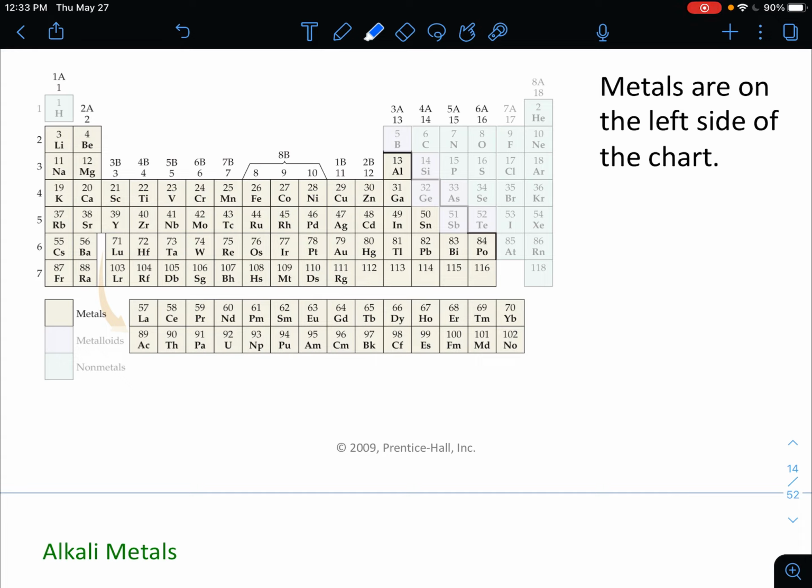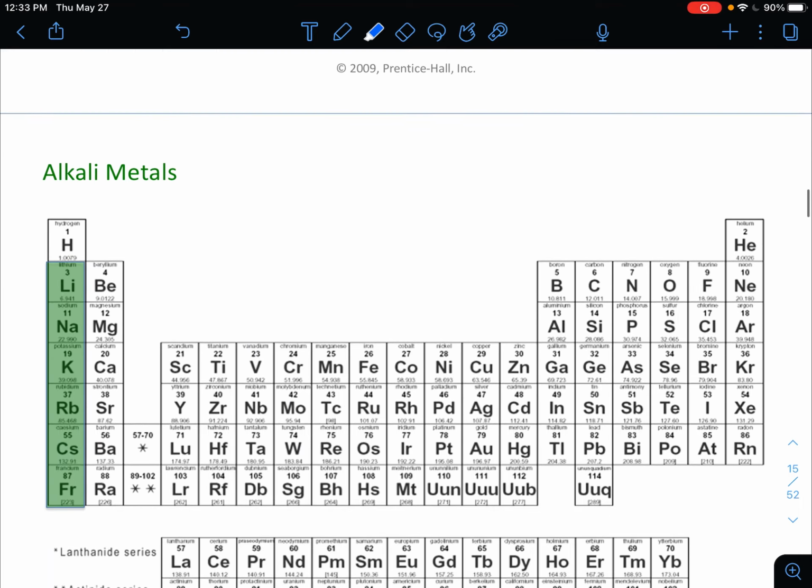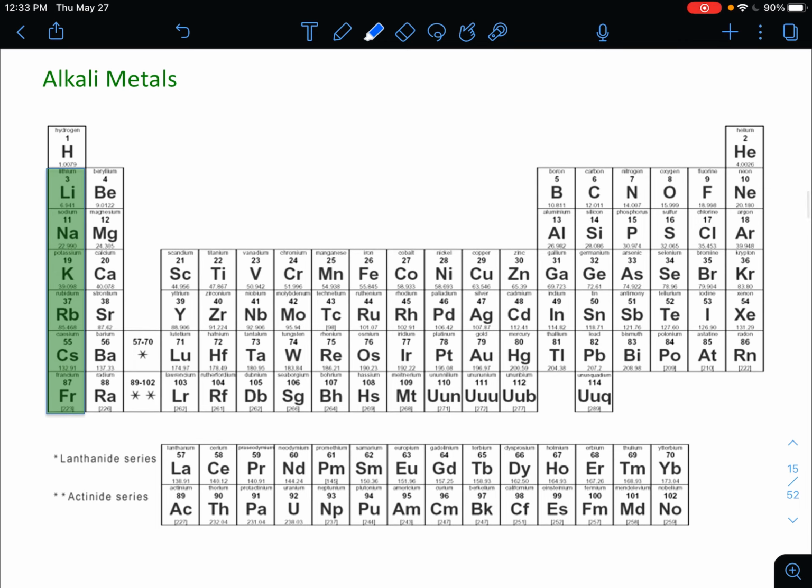Okay, so then the next thing I'm going to do, and I guess the last thing I'm going to do in this video, is I'm going to label, I think, 5 columns on the periodic table just to make it easier for us to refer to them going forward. We're going to start with some columns on the far left, and then we'll move to the far right.